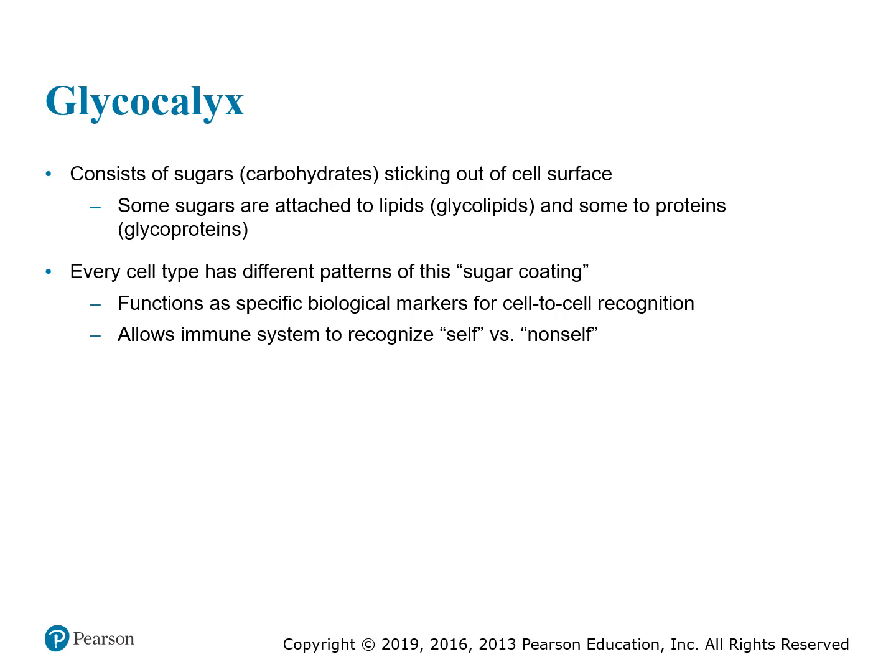Going off this idea of using carbs, this is the glycocalyx. It has sugars basically sticking out of the surface of the cell. Some of these sugars are attached to lipids and some are attached to proteins. We call those glycolipids and glycoproteins. And every cell type has a unique pattern of a sugar coating. This allows for specific biological markers, allowing for specific cell-to-cell recognition.